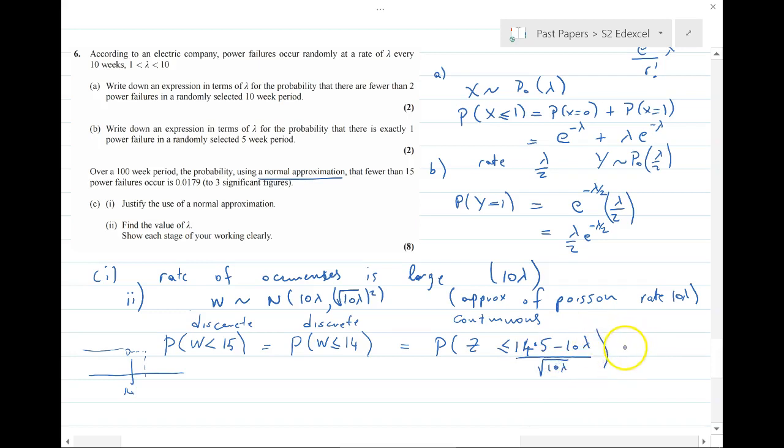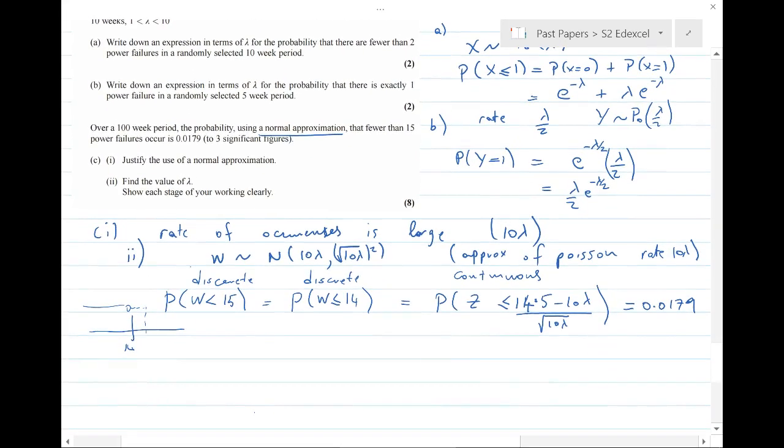And we're told that that is approximately equal to 0.0179. So we're going to have to use the tables here, but really probably better to know where we're heading before we even look at the tables, because if we think about the consequences, this number here must be negative because it's less than the mean.